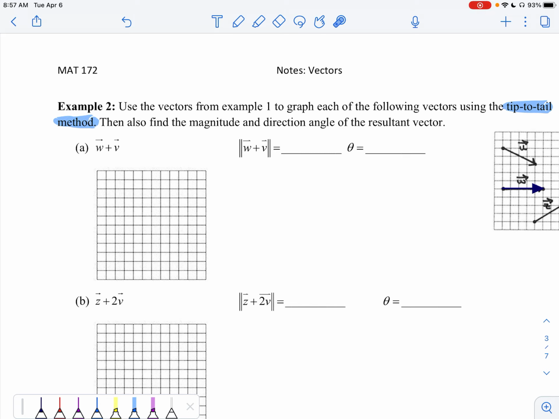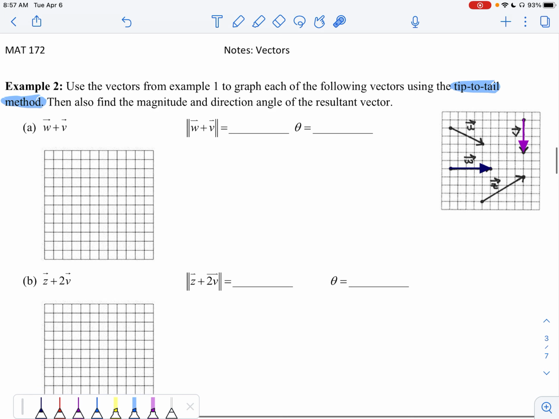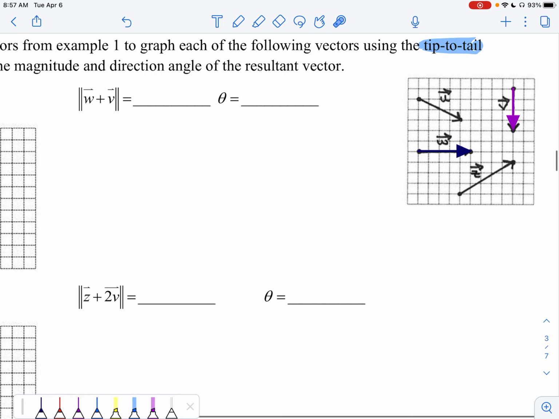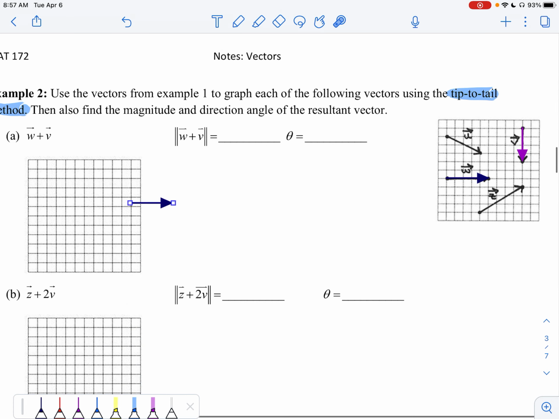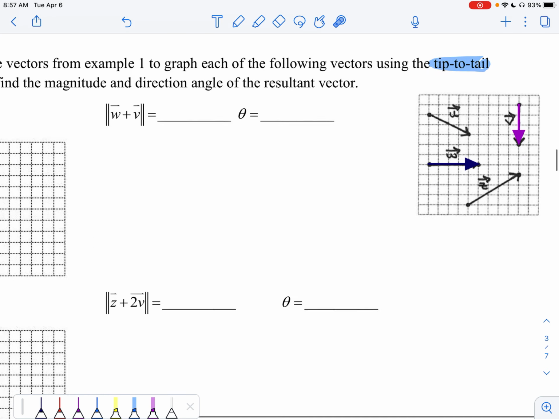Now when you're drawing these out, in this context, it really doesn't matter where you place it on your grid. You can just place it wherever you think will be easy to fit them in. So I'm going to copy over my vector W. And if you're just sketching these out, think about the units.